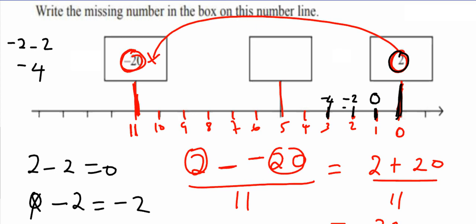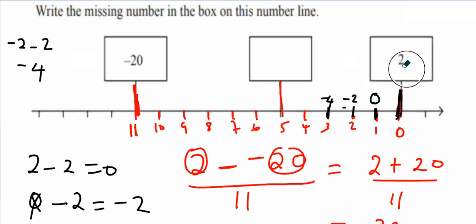This is 2. Let me clear over here. This is 2. Minus 2 is 0. 0 minus 2 is negative 2. Negative 2 minus 2 is negative 4. Now negative 4 minus 2, you keep on subtracting 2. This will be negative 6.